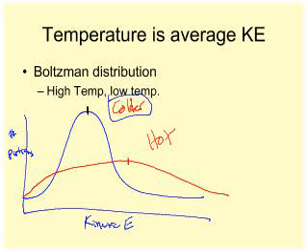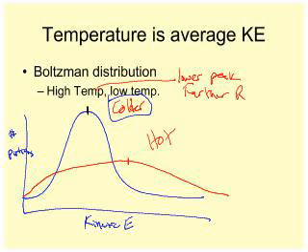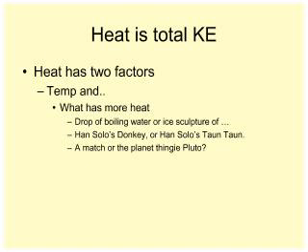So temperature is your average kinetic energy, which is represented by the peak of the little hump there. A high temperature would be a lower peak farther to the right, and a low temperature would be a higher peak farther to the left.